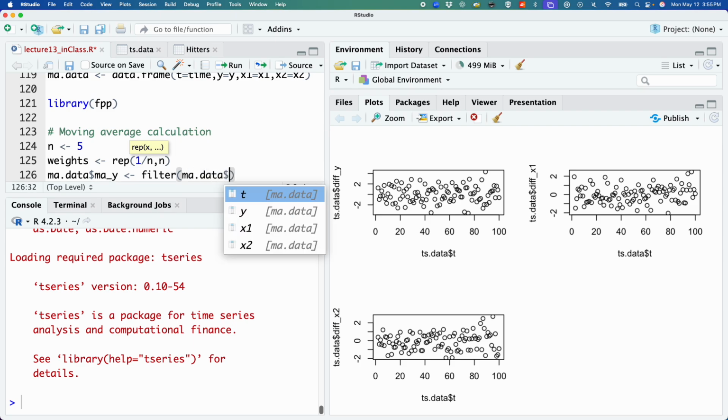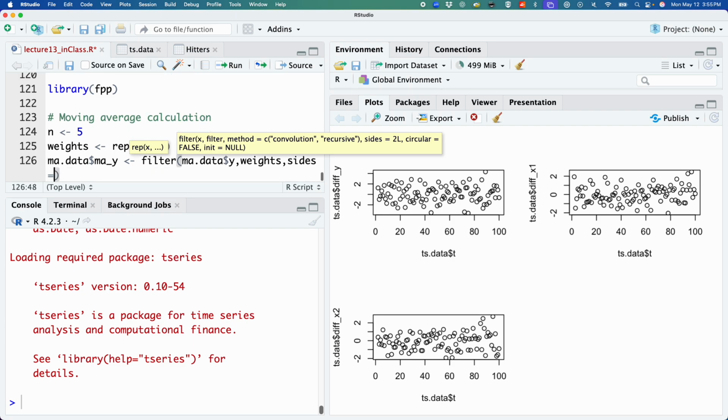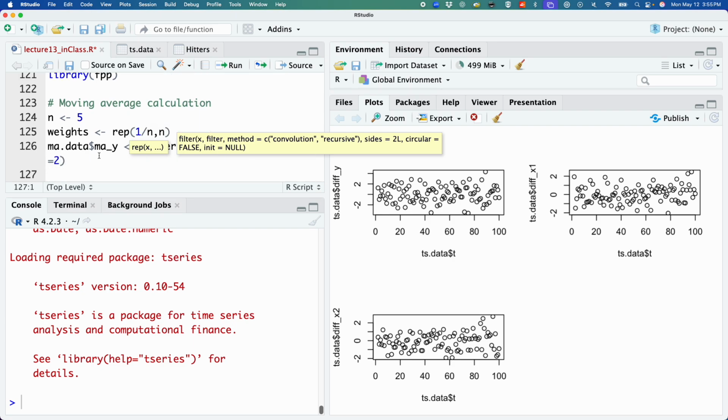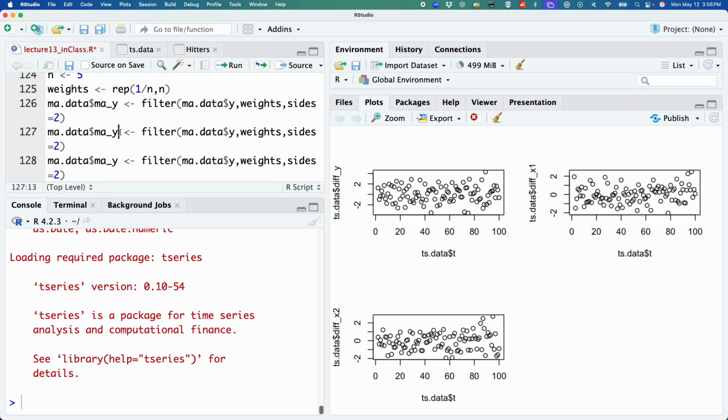MA data $y, weights, sides equals 2. And I'm going to do the same thing for x1 and x2.